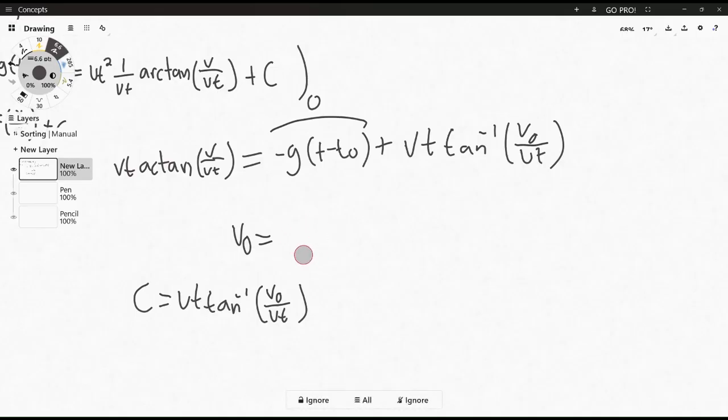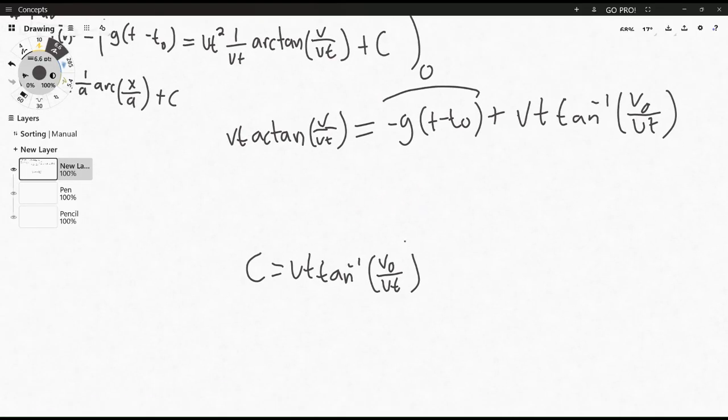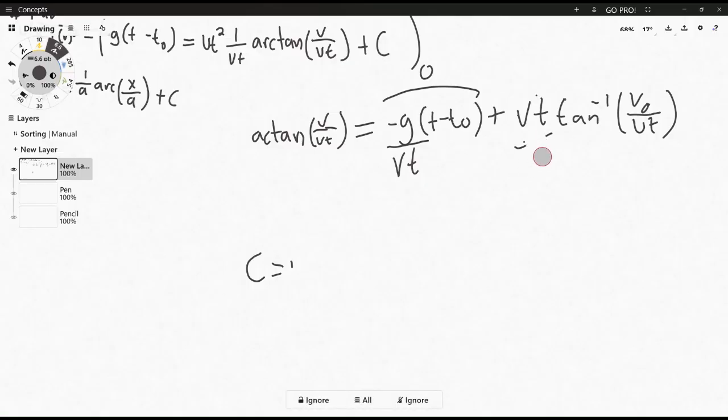And we're close to getting the velocity function now. Why? Because now I just have to take the tangent. Well, actually, divide both sides by vt first, so I can cancel that one out. Okay, vt over vt, and then this will cancel because if I divide by vt, this thing will cancel, right?